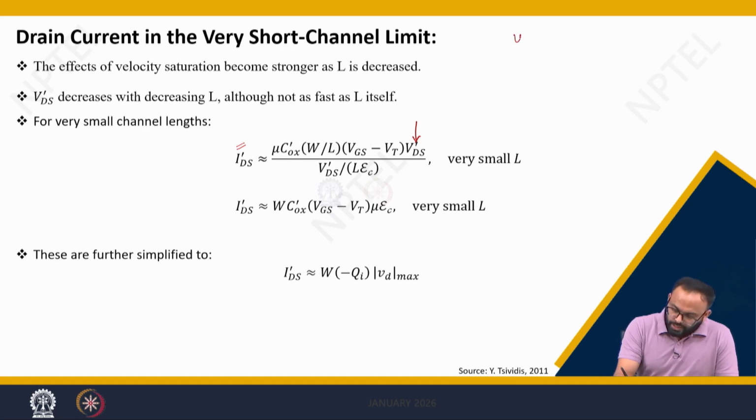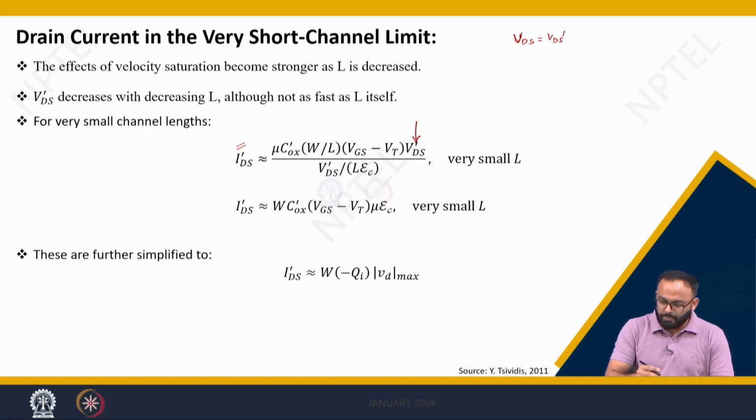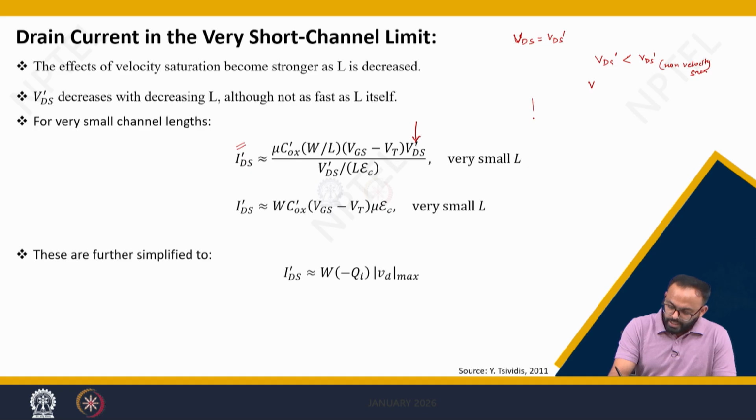We are assuming that at V equals Vds dash, velocity saturation occurs, and as I already pointed out, with velocity saturation Vds dash is smaller than Vds dash without velocity saturation. So, we are considering that the current is getting saturated at a lower value of Vds dash.